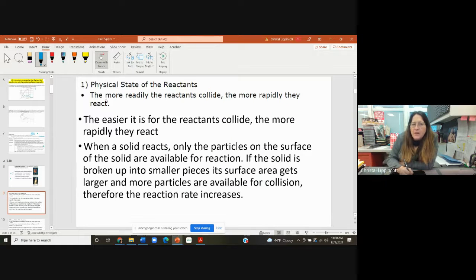So physical state, the more readily the reactants collide, the more rapidly they can react. So the easier for those to collide, the more activity is going to happen. When a solid reacts, only the particles on the surface of that solid are available for the reaction. If the solid is broken up, then the surface area is going to get larger and you're going to have more particles available.